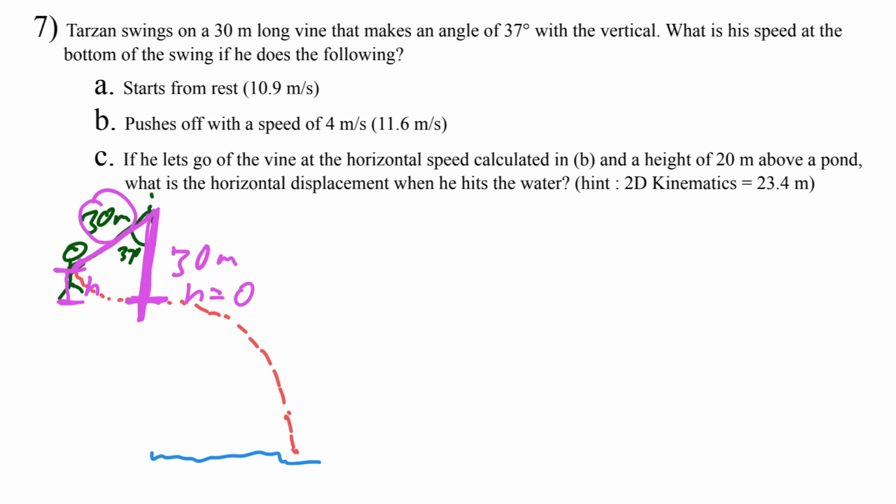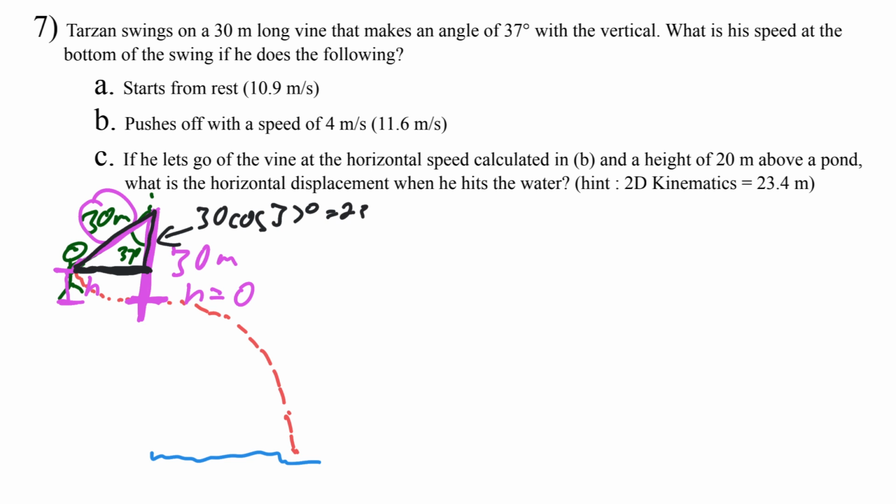So if I cut this across right here, I can make myself a little triangle, right? And if you look at this right triangle, we can solve for this distance pretty easily. That's adjacent to the angle, so that would be 30 cosine of 37. 30 cosine 37 gives me 23.9.